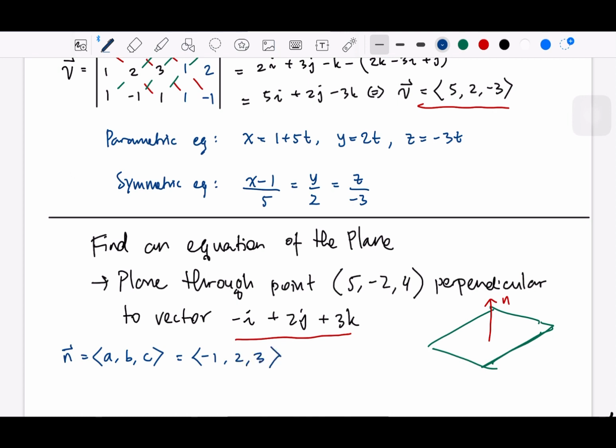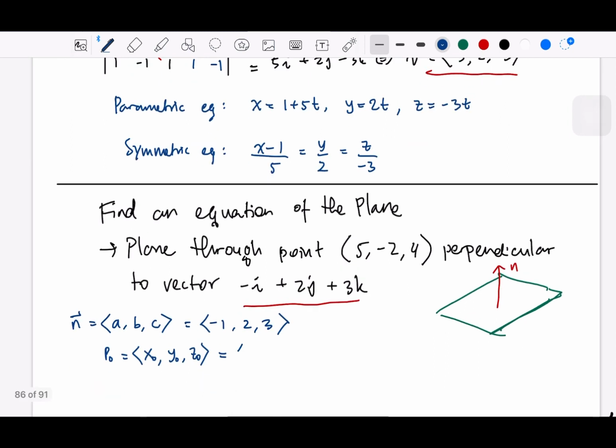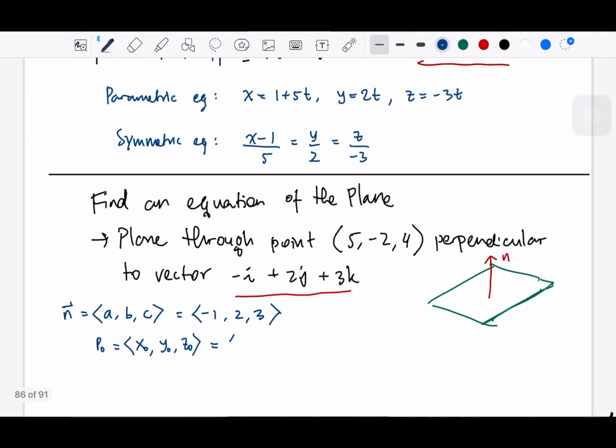Okay, and then setting the initial point, we take x0, y0, z0. So x0 is 5, y0 is -2, z0 is 4.